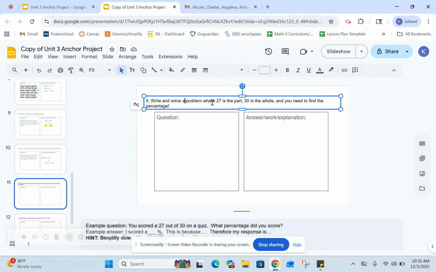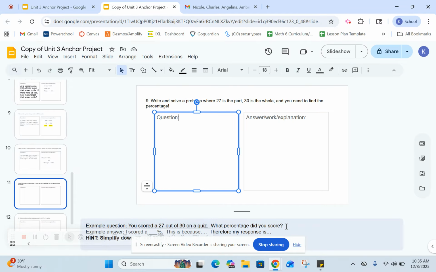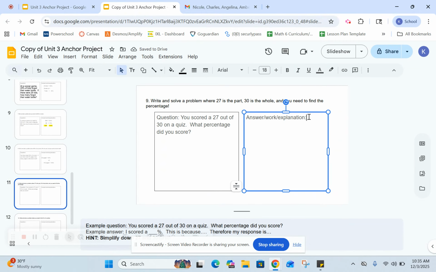Write and solve a problem where 27 is the part, 30 is the whole, and you need to find the percent. All right, you got a 27 out of 30 on your quiz. What percentage did you score? So, we know that 30 questions represents 100%.